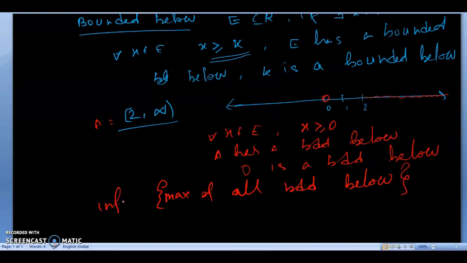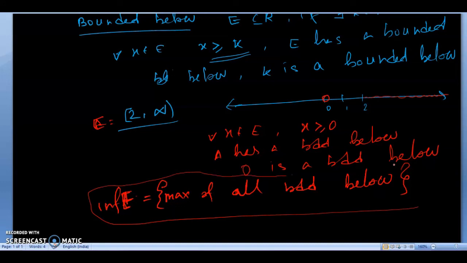In the previous case you get the supremum, in this case you get the infimum. So the infimum of E is the maximum of all lower bounds.